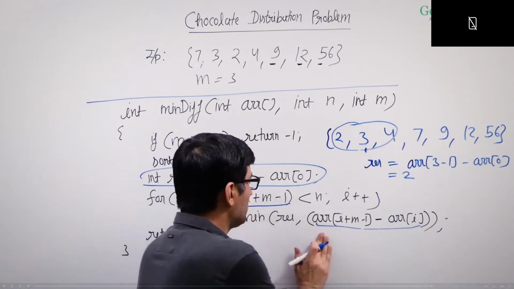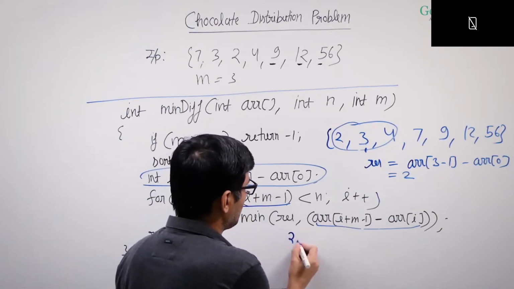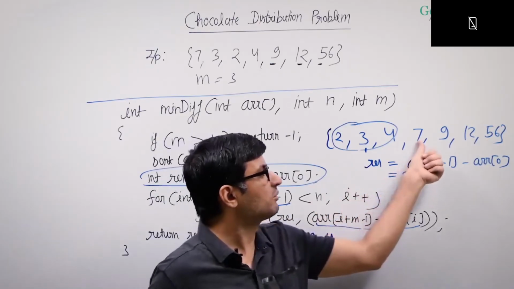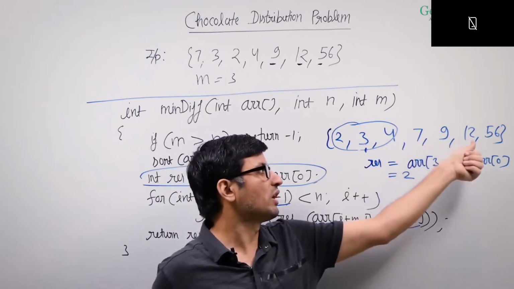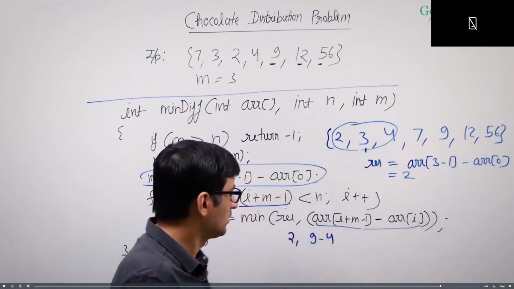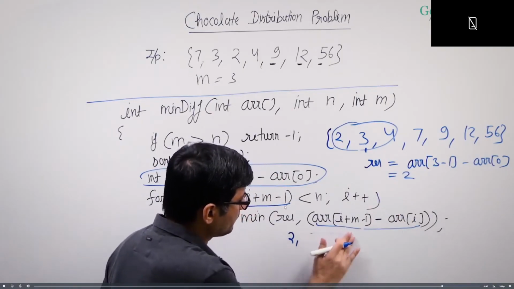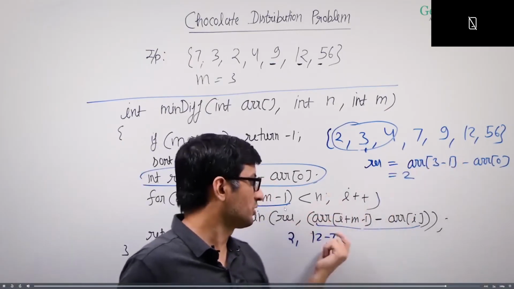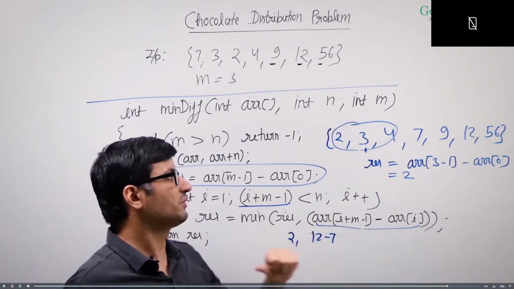Next time, what will you compare? 2 and 9 minus 4. Then you will come to this element. You will compare 12 minus 7 with 2. So your result remains 2 because this is greater. You want the minimum difference.